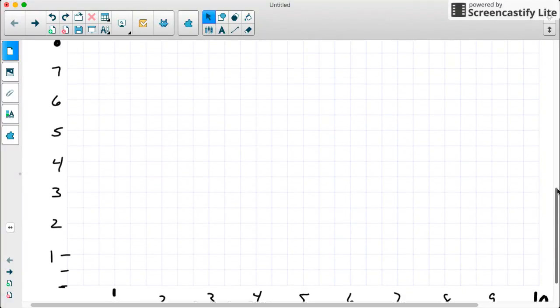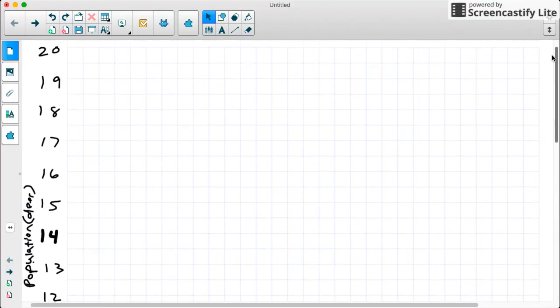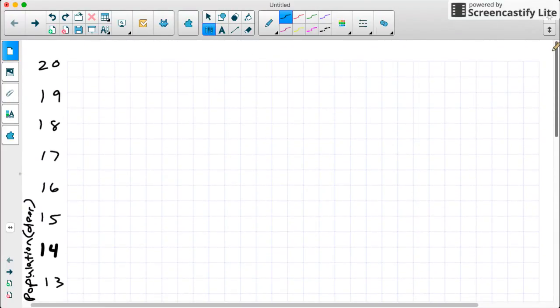So year 2 is 19. So it looks like that would be going to be right here. So that would be another point. Then year 3 is 18. So 1, 2, 3 is 18. Year 4 is 20 again. And year 5 jumps all the way down to 14. So year 5 looks like it'd be right here.